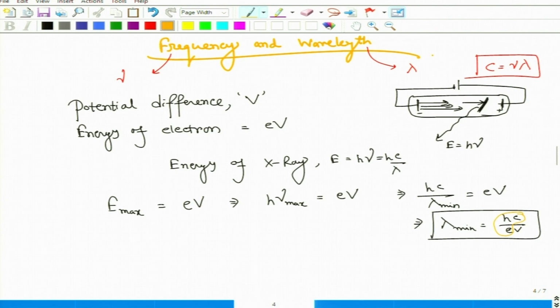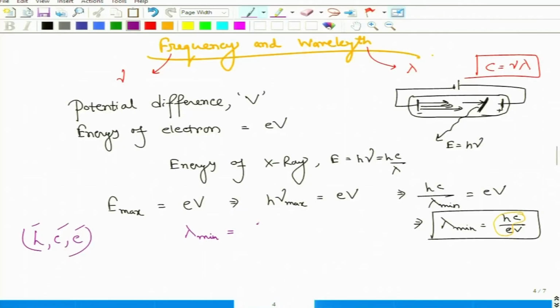So now if you put the values of h, c and e, these are constants, we know. h is the Planck's constant having the value 6.626 into 10 to the power minus 34 joule second. c is our speed of light, 3 into 10 to the power 8, and e is our charge of the electron, which is 1.6 into 10 to the minus 19 coulomb.